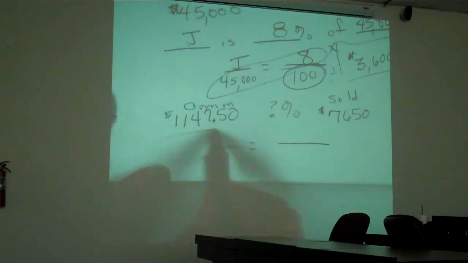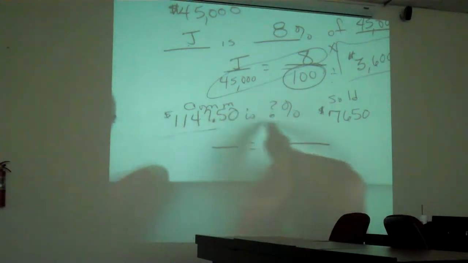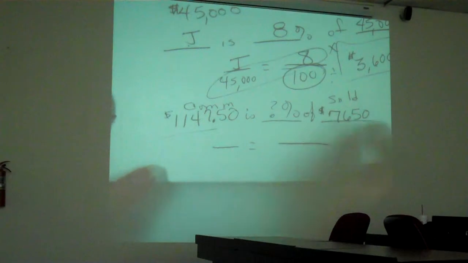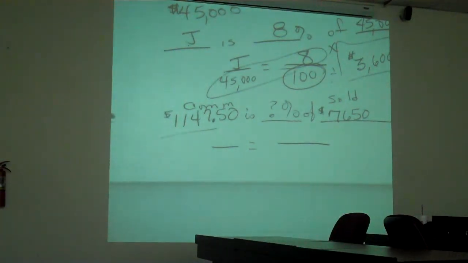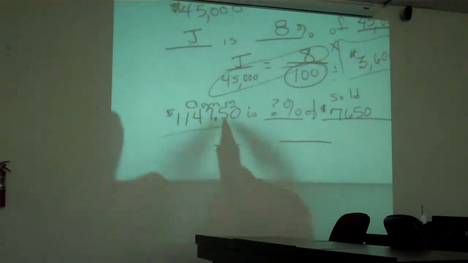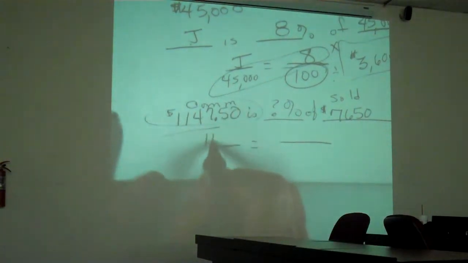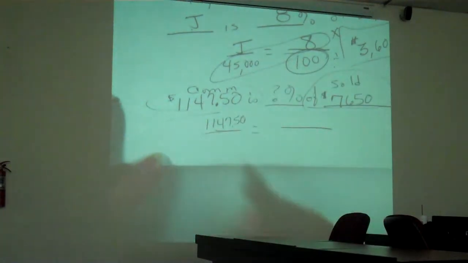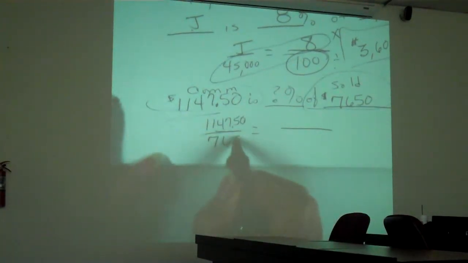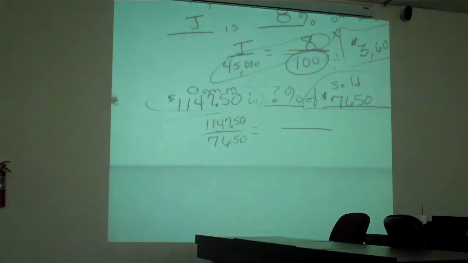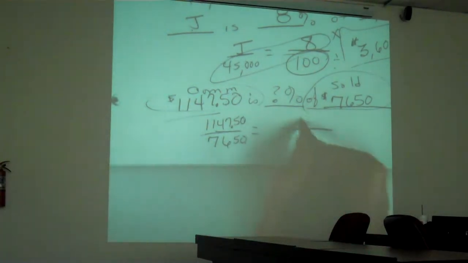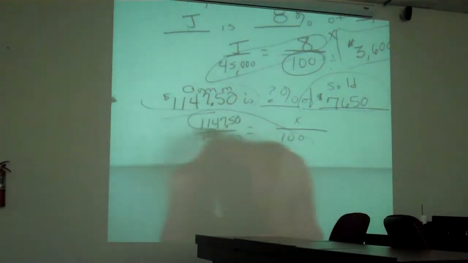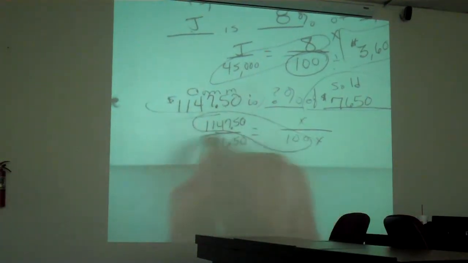Their commission is a percentage of what they sold, right? So the commission is the is. The of is what was sold. So the percent you don't know. So do 100 times the commission divided by the sales.